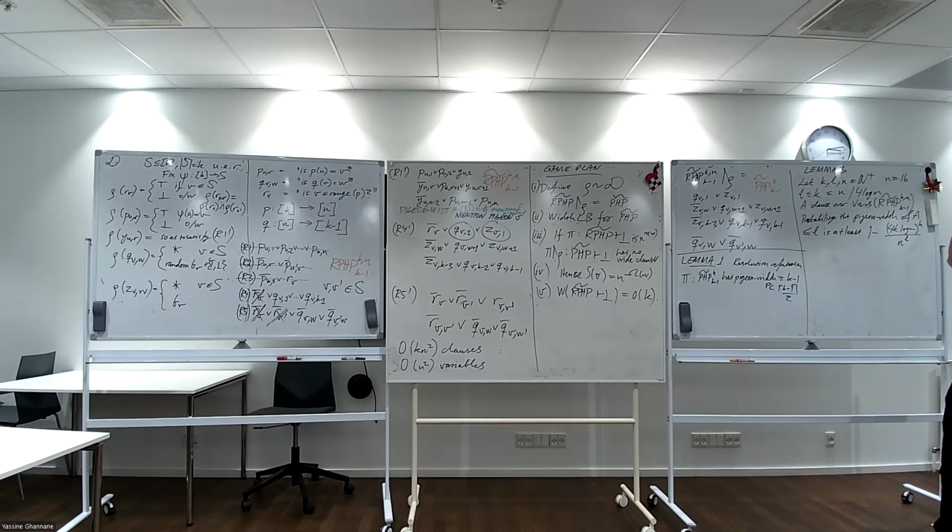So A is not a pigeon-wide clause except with polynomially vanishing small probability. Okay, so this is the claim.